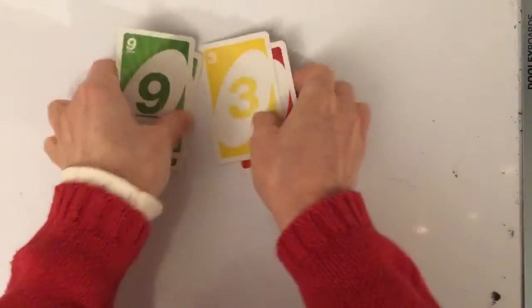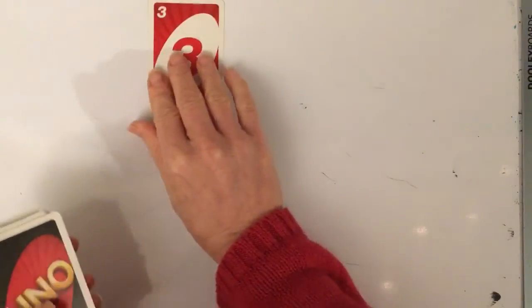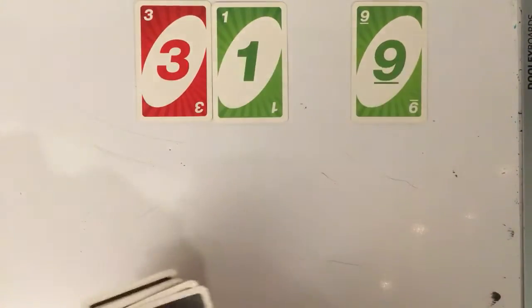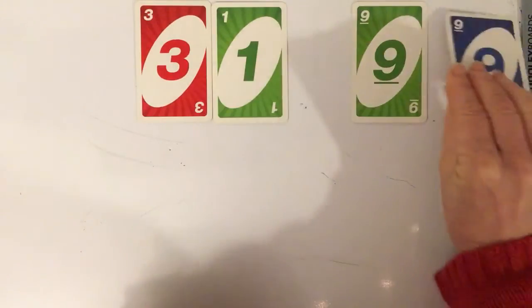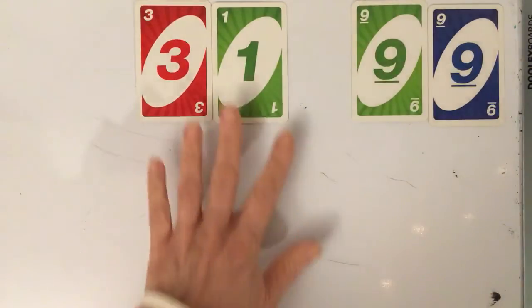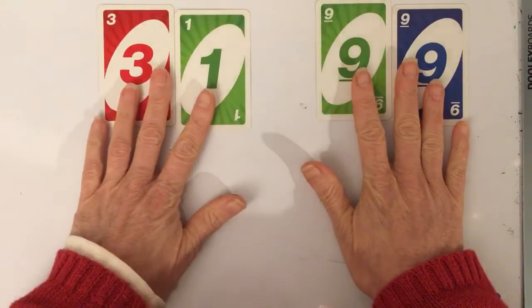Let's do one more of these practice charts. What are the Uno cards going to give us this time? 3 in the tens place and 1 in the ones place. 9 in the tens place and 9 in the ones place. That is a big number.